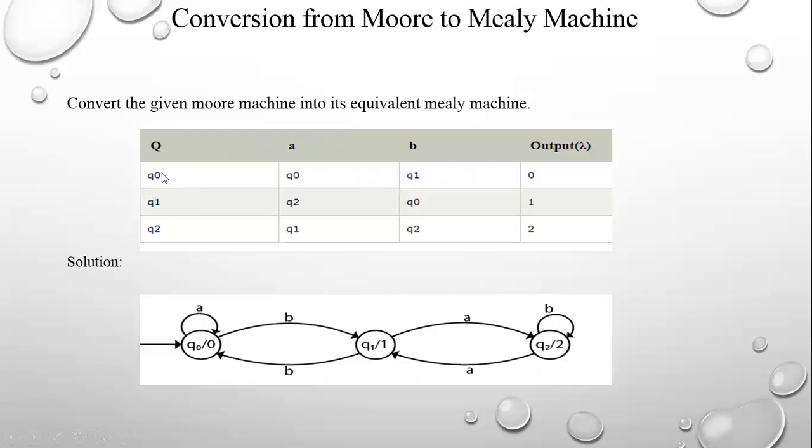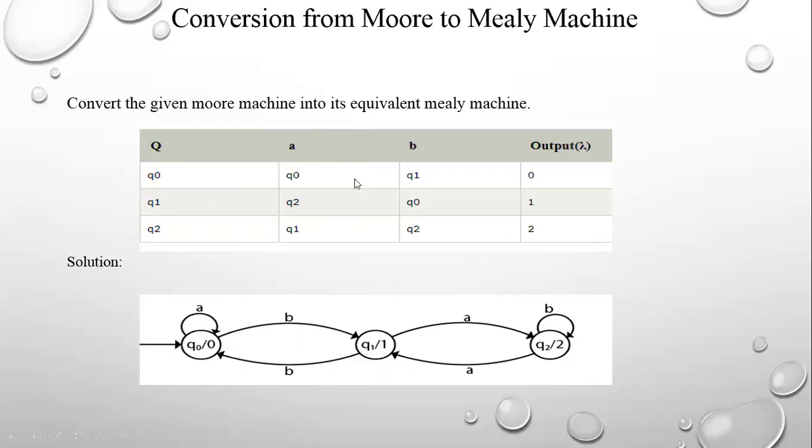First of all, Q0 is the state. You give the input A, it reaches Q0, and the output is 0. Now we have to construct one more column.